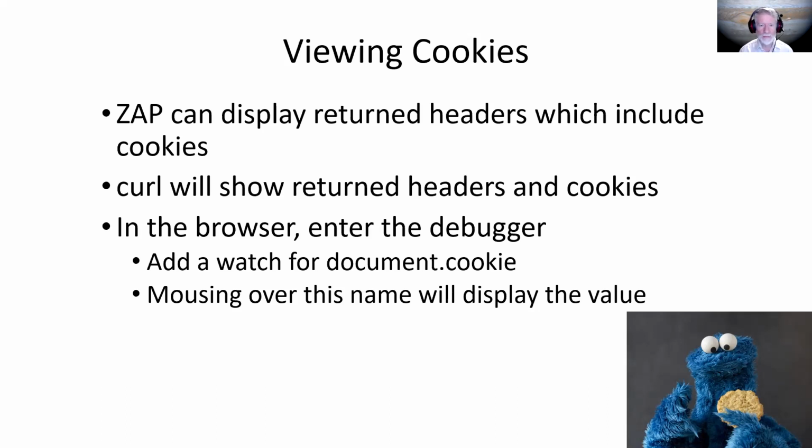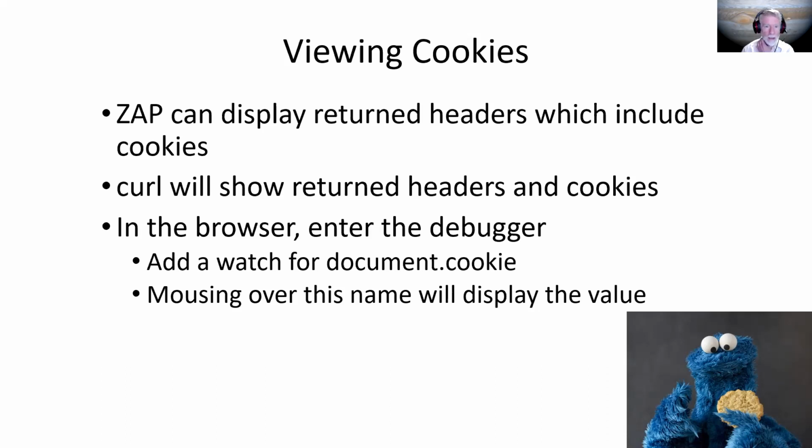I've been experimenting. So you can look at cookies that way, or if you are in the browser, go into the debugger. You can click the buttons, or Control-Shift-I gets you into the Chrome debugger. This works with almost everybody's debugger, but I use Chrome most of the time. That's what I'm familiar with. Go to the debugger and then add a watch. Look at the document.cookie variable, which of course are the cookies that are available to JavaScript.